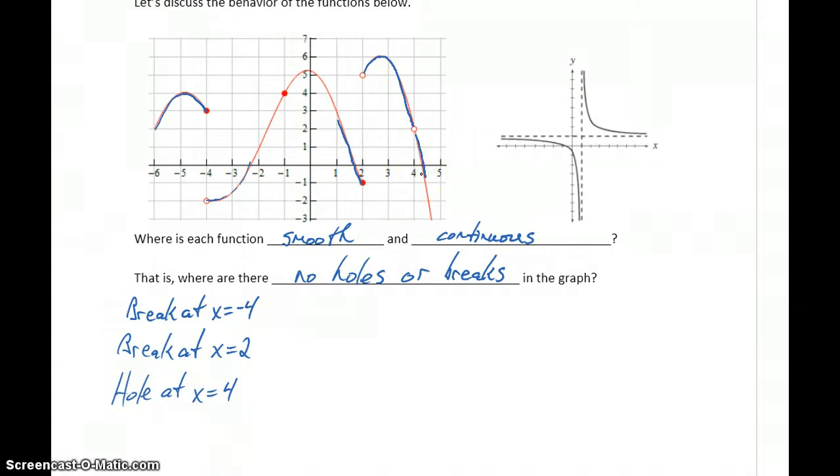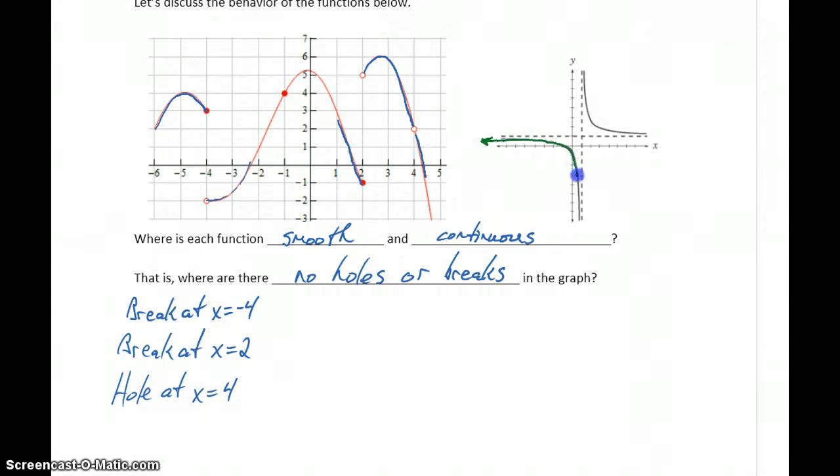So when we're talking about smooth and continuous, we're talking about where we can trace our graph without having to pick up the pencil. In our second graph, we can consider the exact same thing. We can trace along this graph all the way to negative infinity if we could keep going. As we trace along this, this is a smooth line.